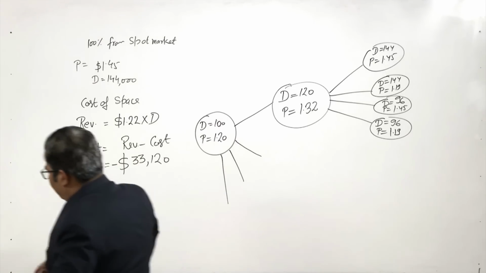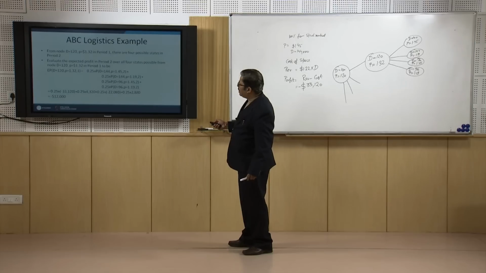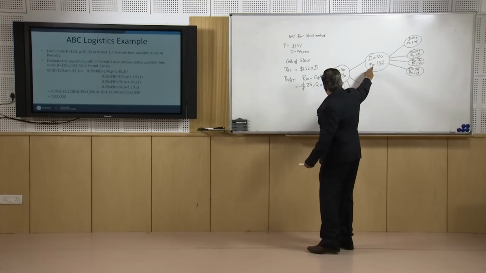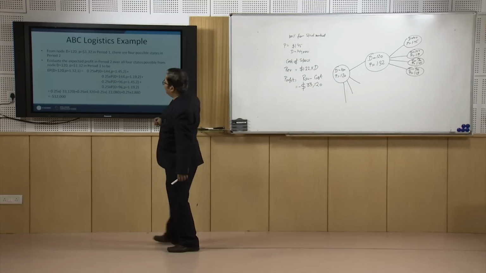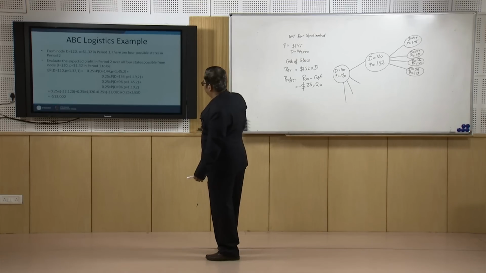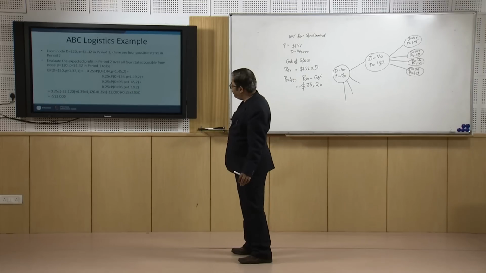Now, for the purpose of calculation of profit at our state 1, period 1, here our demand is 120, price is 1.32, and there are 4 alternatives as shown on the board.